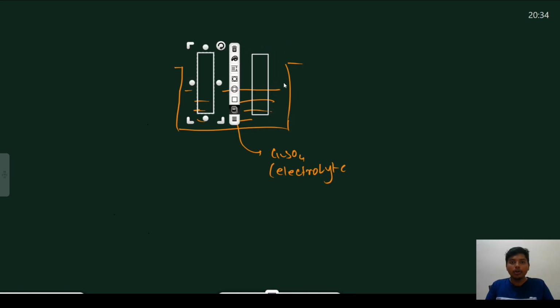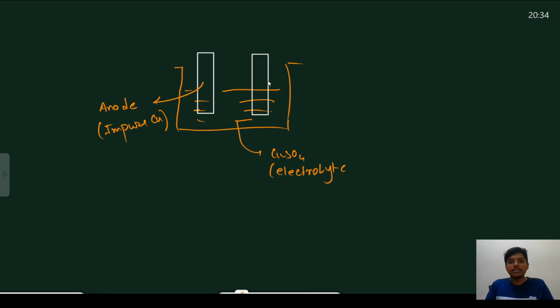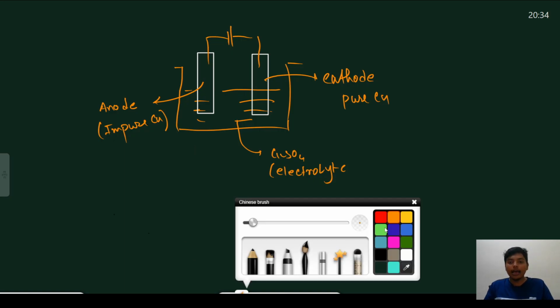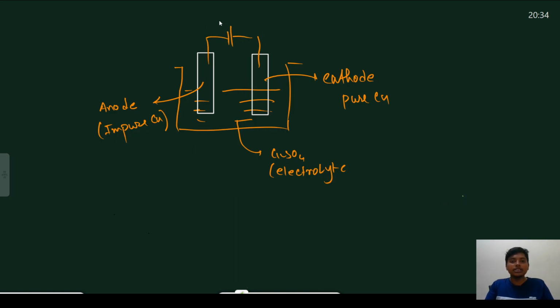One is the anode, which is impure copper, and this is the cathode, which is pure copper. When you connect them to a battery, electricity will pass and all the things will happen. You have to mention the voltage, plus and minus, all the things. And here anode mud will form. You have to write that anode mud will form. So this is the thing.